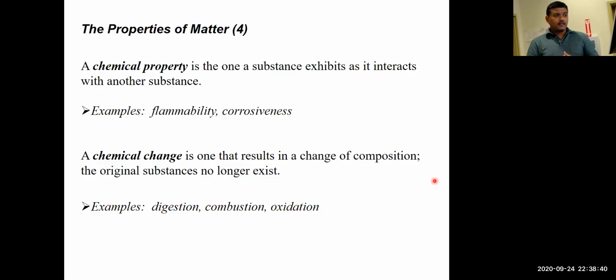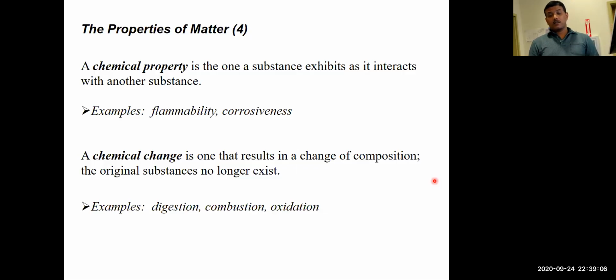So one simple example is digestion. If you eat food, you would convert that into energy by breaking it down into smaller molecules. So you are doing a chemical change. Combustion is, when you use the gasoline in your car, you're combusting it to run the car by extracting energy by burning the gasoline into carbon dioxide in the presence of oxygen.